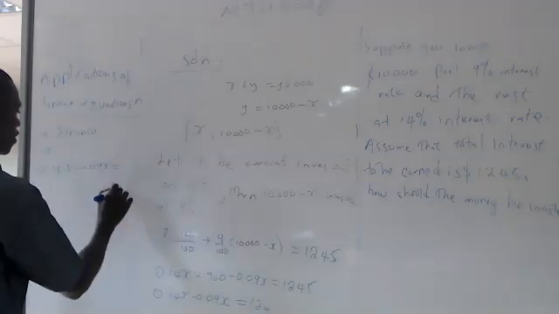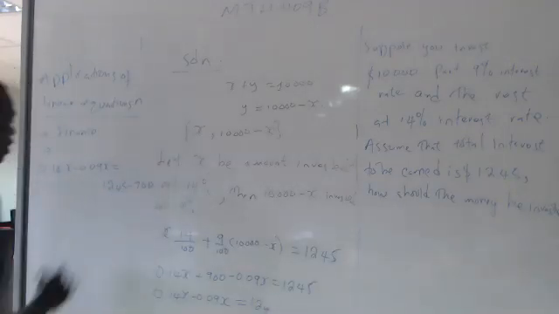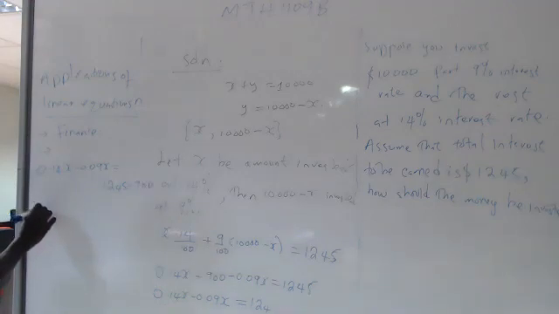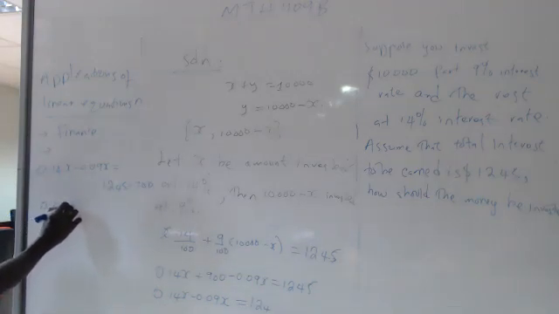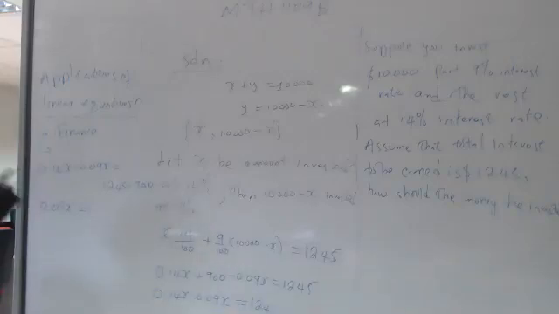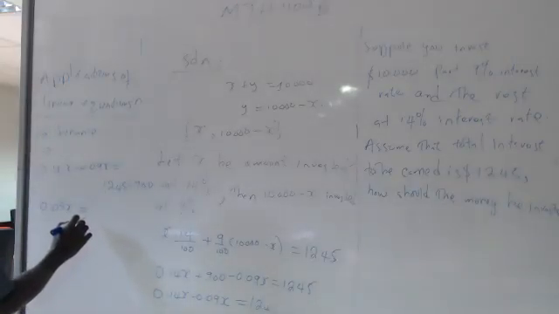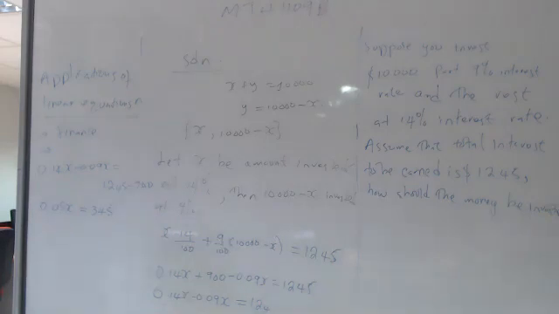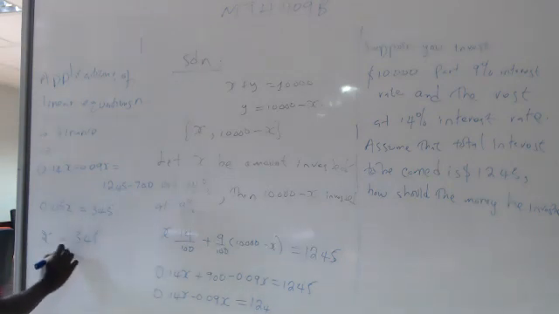What is 0.14 minus 0.09? 0.05x is equal to 1245 minus 900, which is 345. Therefore, to get x, divide both sides by 0.05, so that should be 345 divided by 0.05.